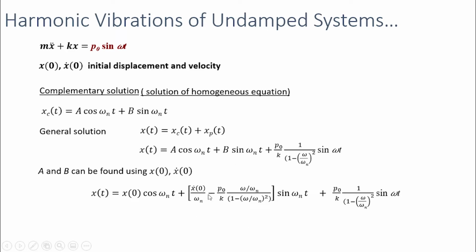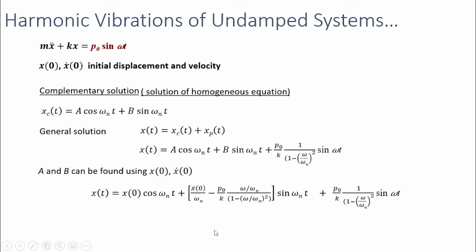So it will depend upon the initial velocity, natural frequency, the forcing frequency and the forcing amplitude. This is the particular solution. So now this is the total solution of our differential equation. This will give you the displacement response of this forced vibration, this harmonic vibration.